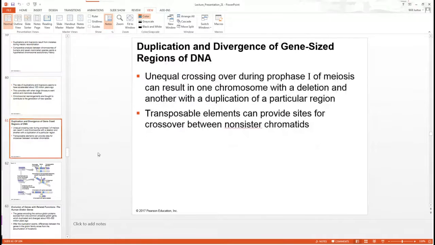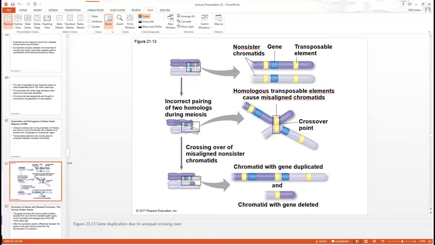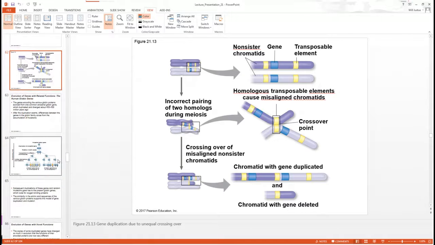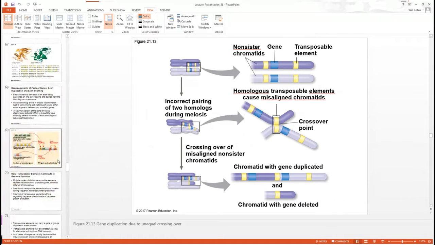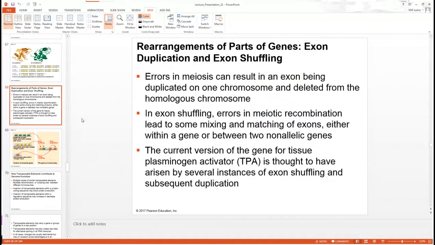You can also have unequal crossing over, which can result in duplications and deletions. See, they crossed over at the wrong spot here, and so now we have a chromatid with a duplicated gene and a chromatid with a deleted gene. We can also have rearrangements of gene parts, like an exon duplication and shuffling.